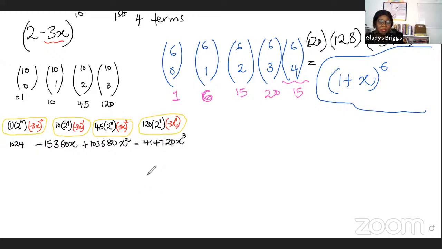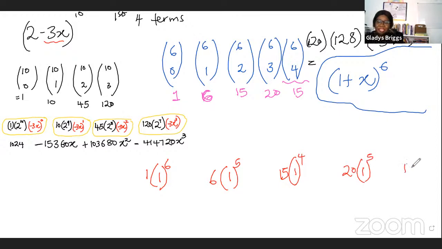Let me choose red. 1 times 1 to the power of 6, and 6 times 1 to the power of 5, and 15 times 1 to the power of 4, and 20 times 1 to the power of 3, and 15 times 1 to the power of 2.